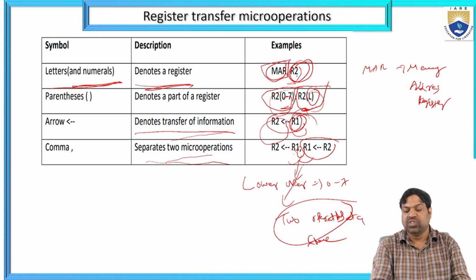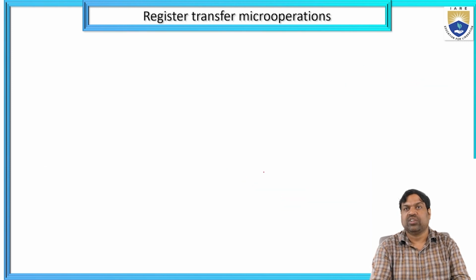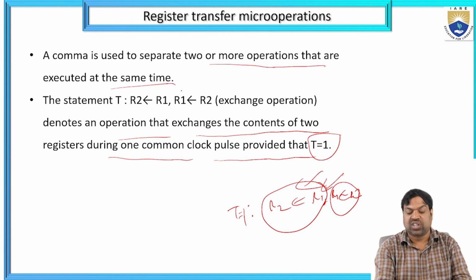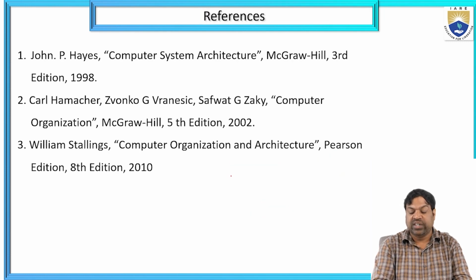The comma is a separator. If a comma is there, then two independent operations are performed, R2 ← R1 and R1 ← R2. These are independent, one is not dependent on the other. A comma is used to separate two or more operations performed together, like this. So it is a reference.